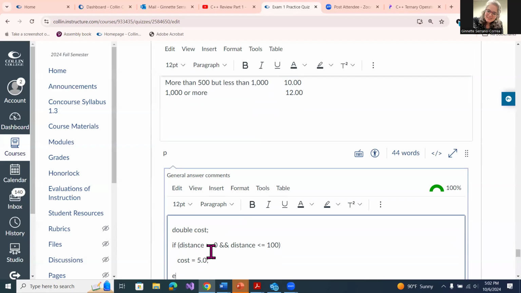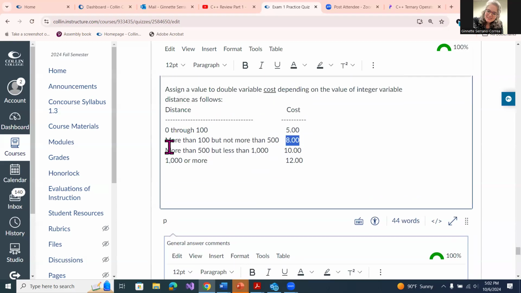And then you'll keep saying else if distance is greater than or equal to and so on and so forth. Cost will equal 8.